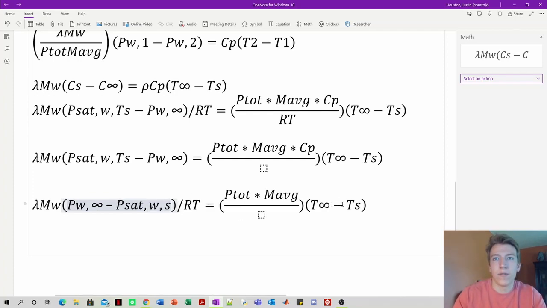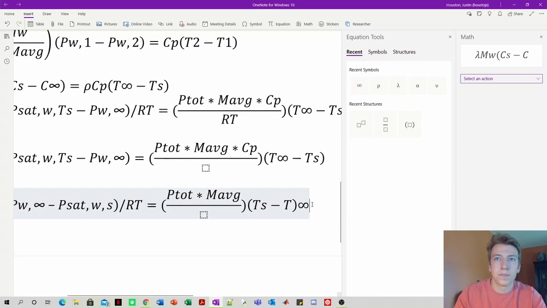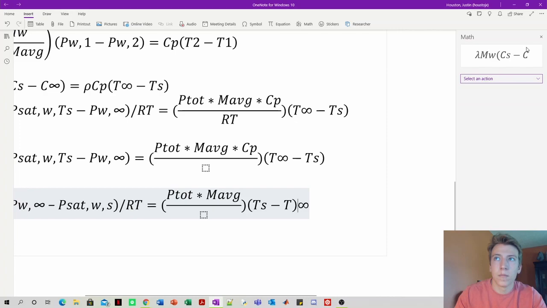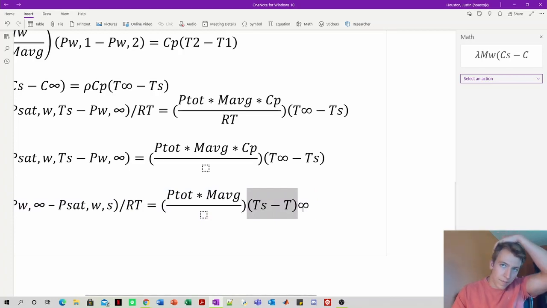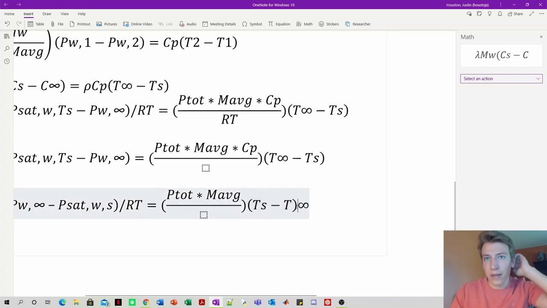And then we can flip the right-hand side, TS, temperature of water at the surface, and temperature away from the surface, which is infinity. So let me insert that real quick. It's not going to let me delete this parenthesis, so it's supposed to be T infinity.